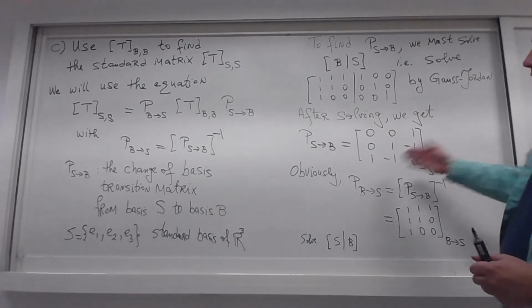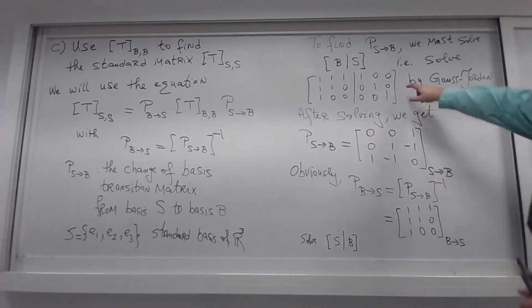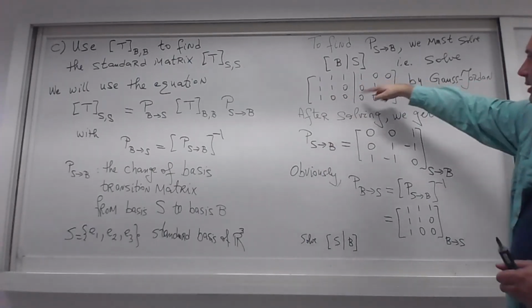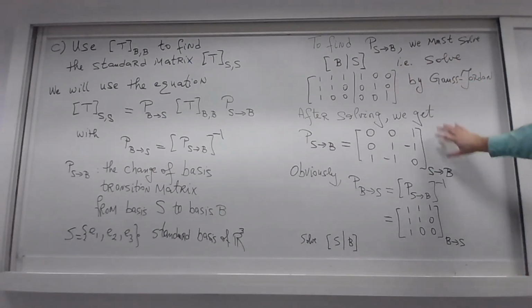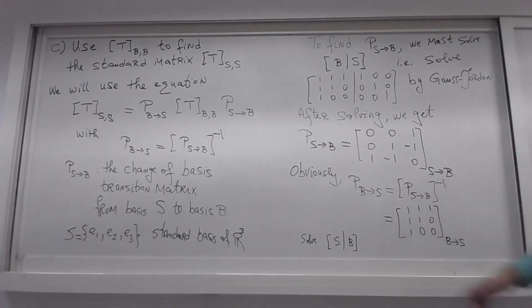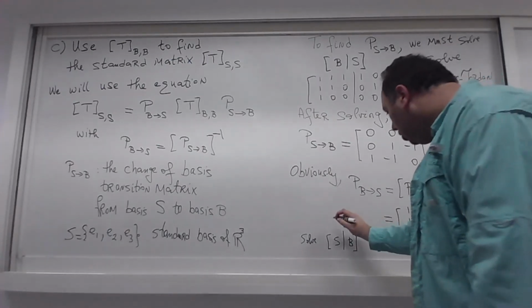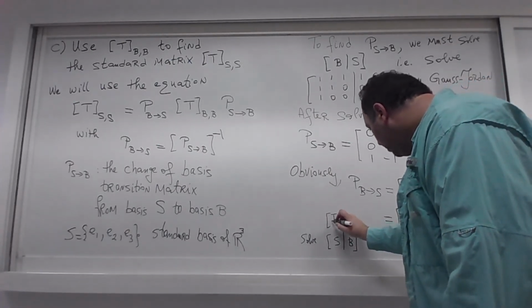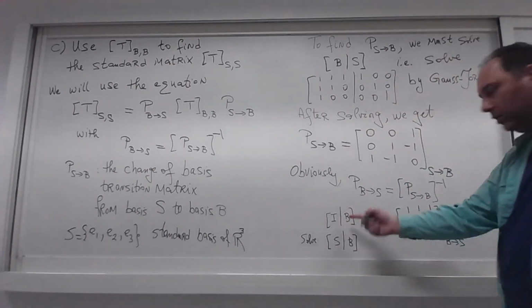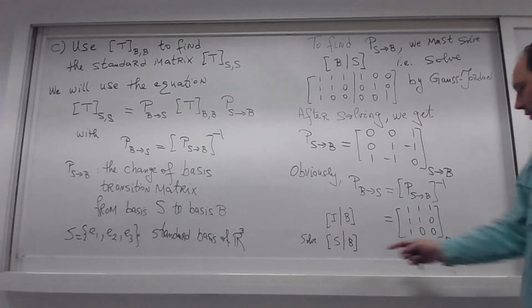The inverse of this is obviously the matrix on the other side, because this is how we compute the inverse of a matrix: you put the matrix and then a slash and the identity. So once we get this, the inverse of this is the original matrix. Or if you don't believe it, you just do the job here, right? You'll have the identity and B, so this is already solved, you get B, all right?